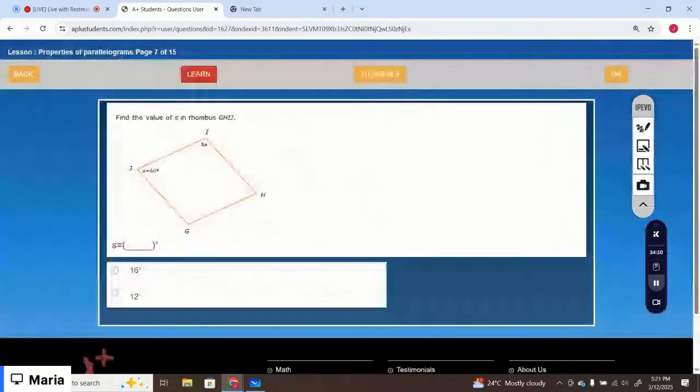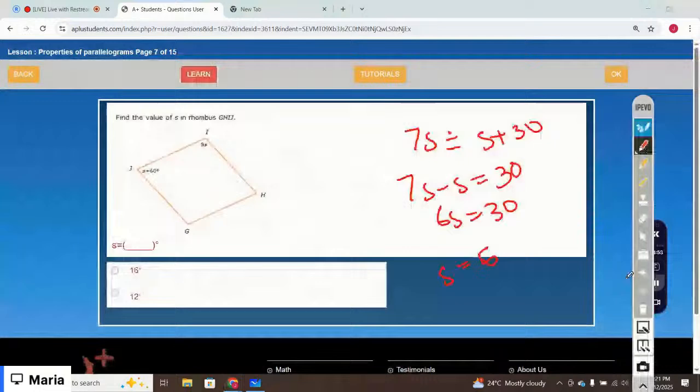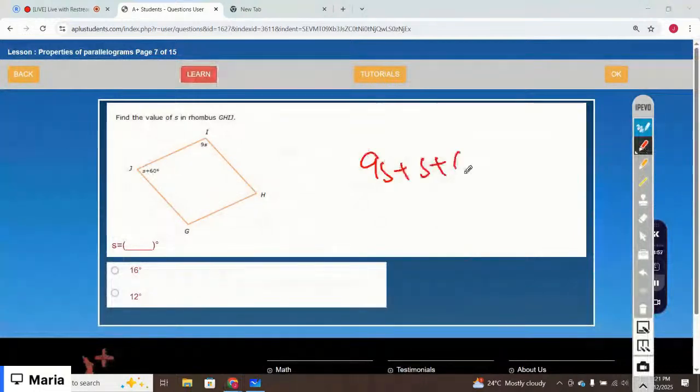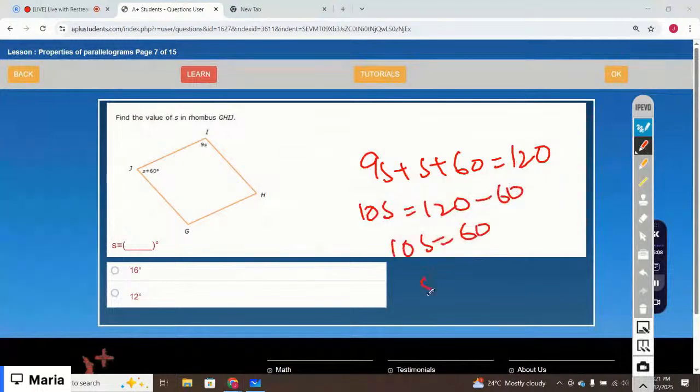Okay, so the sum of 9s plus s plus 60 equals 120. 10s equals 120 minus 60. 10s equals 60. So s equals 180 minus 60, sorry. That is 140 divided by 10. S equals 12. Option number 2 is the correct option.